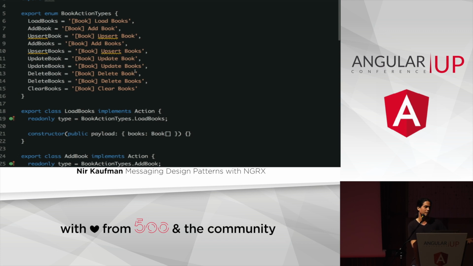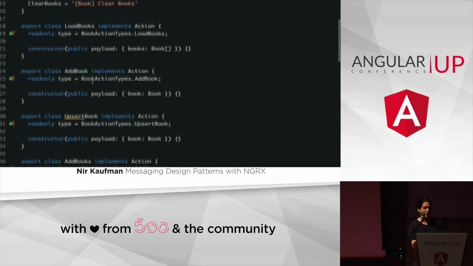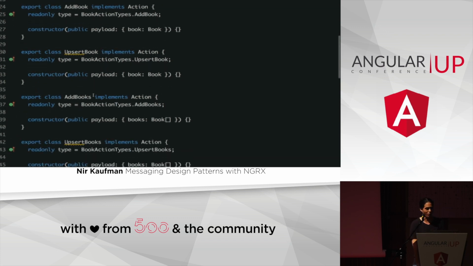So basically, it's, I think, 99% of what we usually do, all right? So we've got load books and add books and upsert books, clear, delete. All the action creators are right in place because this is not the interesting part of the Redux pattern. We can generate it automatically.